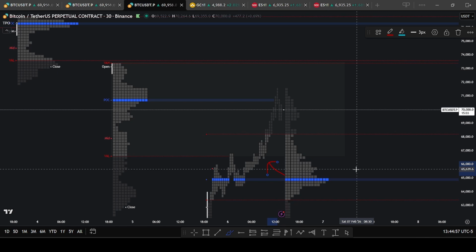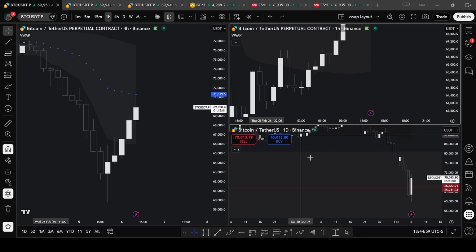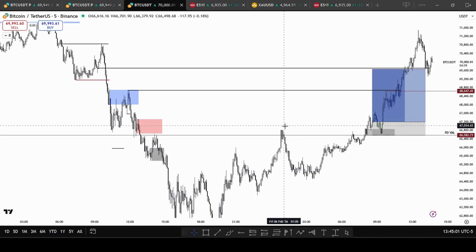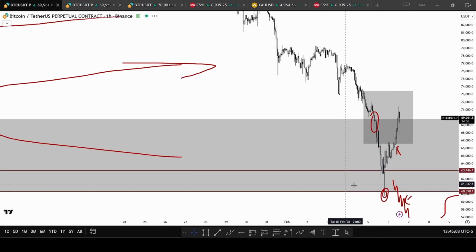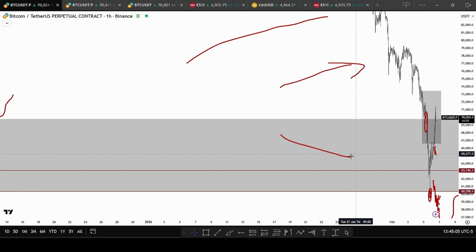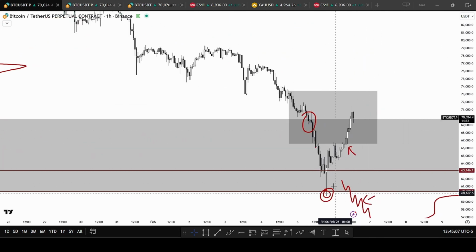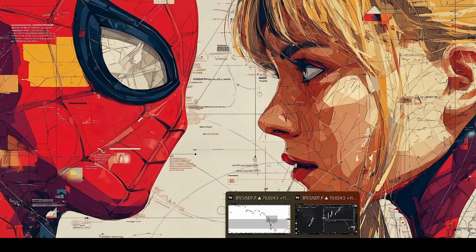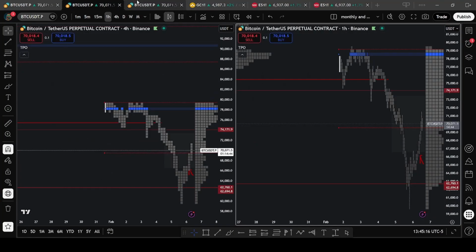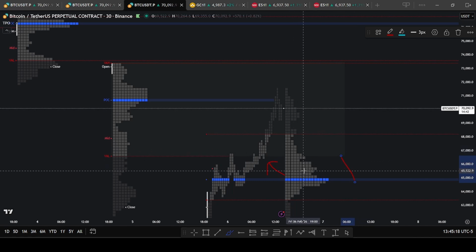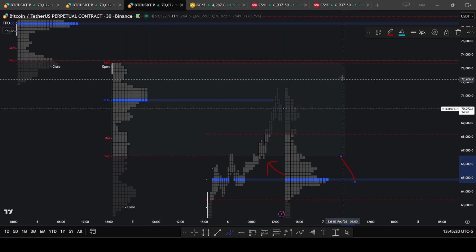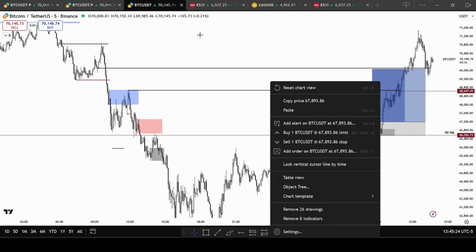First of all, my bias was long here in case of that balance area. Secondly, it rejects the previous balanced area low, and it was bullish for me. Then I went to the daily TPO chart. I look for acceptance in the previous range, and which gives me a pretty decent trade here.